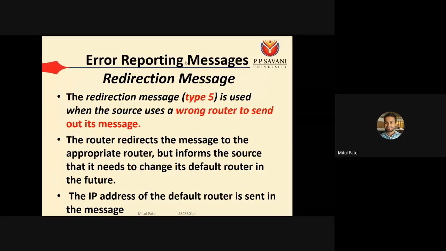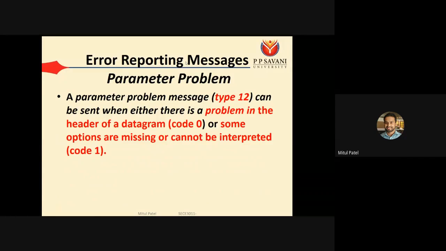In the response it sends the IP address of the correct router. That way, the source can set its default router value to the value sent by this redirection message.